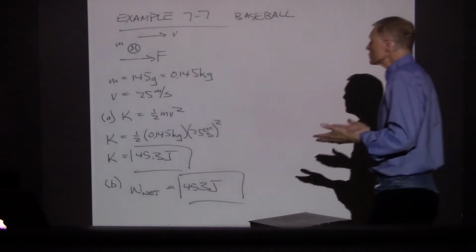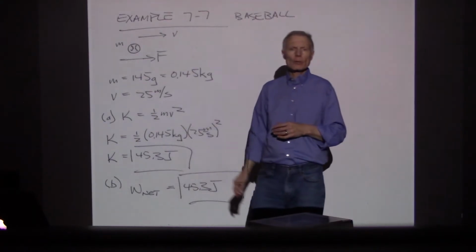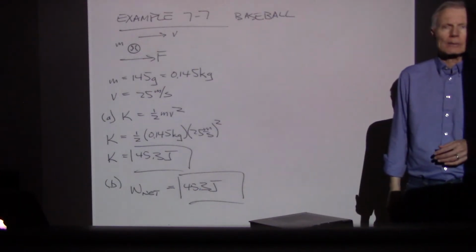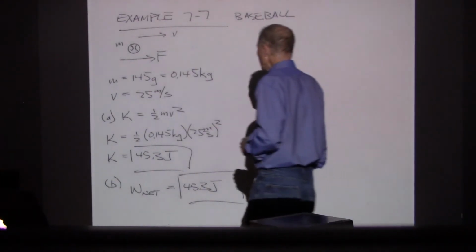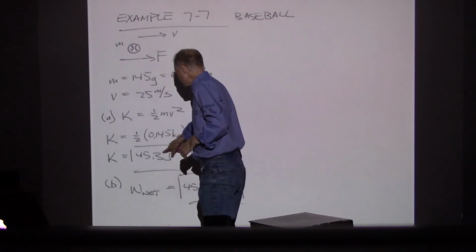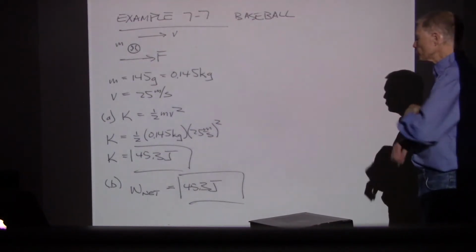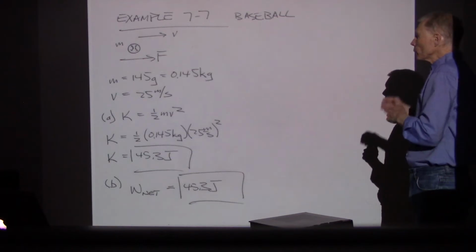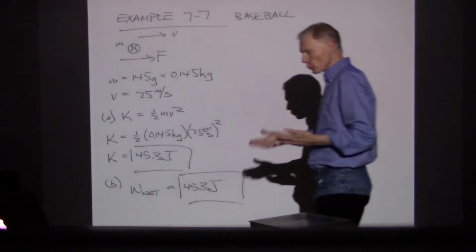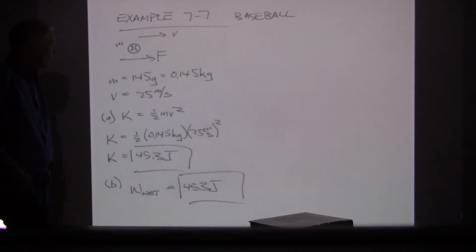At the speeds we're working at here, 25 meters per second, 1/2 mv squared works absolutely great. All right. So this baseball is going to acquire 45.3 joules, that's a J, of kinetic energy, and that means that when that pitcher exerted a force, that must have added up to be 45.3 joules.